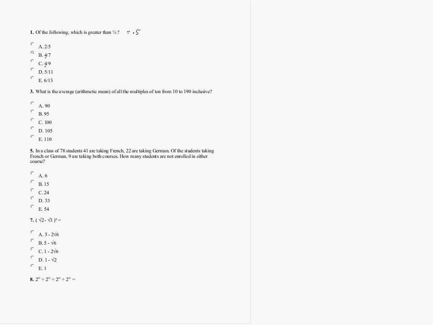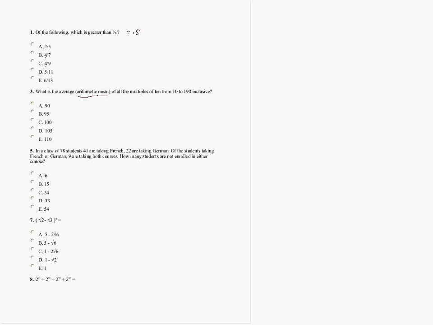The average mean of all the multiples of 10 from 10 to 190 inclusive. Oh my god, I just did something like this. The problem is that I don't remember any of the formulas that I learned. Oh yeah, you have to just remember that these are simple things.